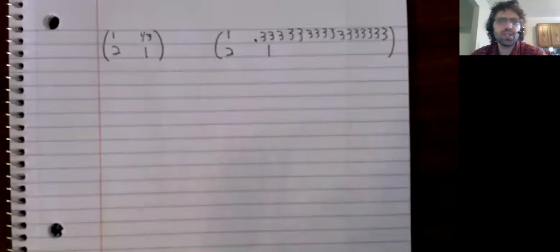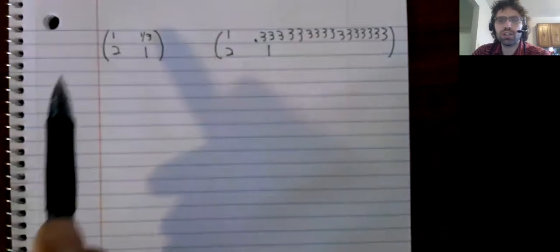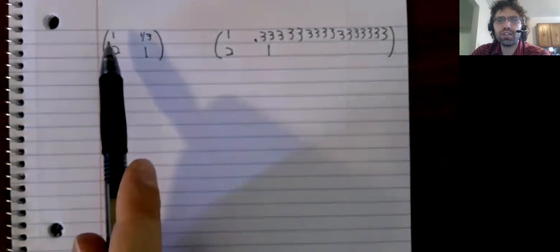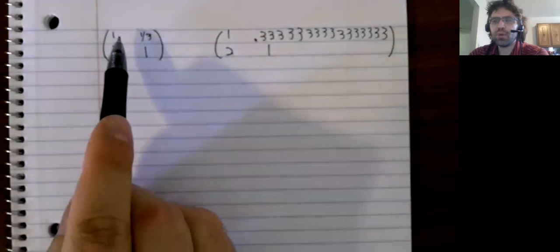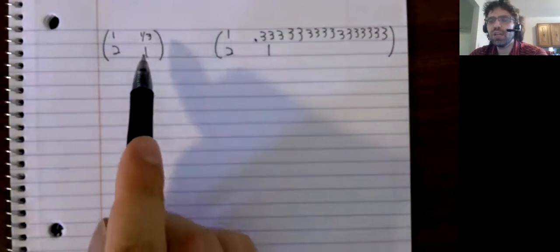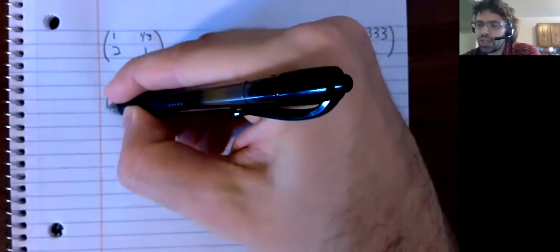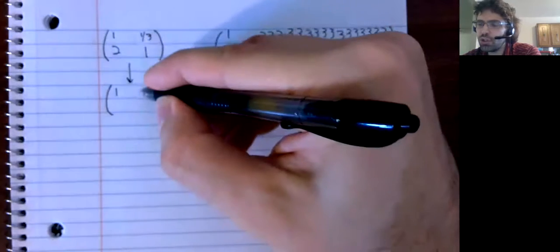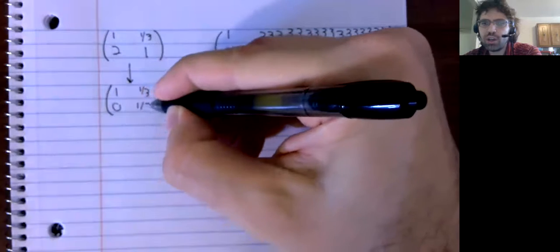Now, suppose you're performing row reduction on this matrix. Gaussian elimination propagates error. The next step will be to multiply the first row by -2 and add it to the second row, and the matrix you get should be as follows.